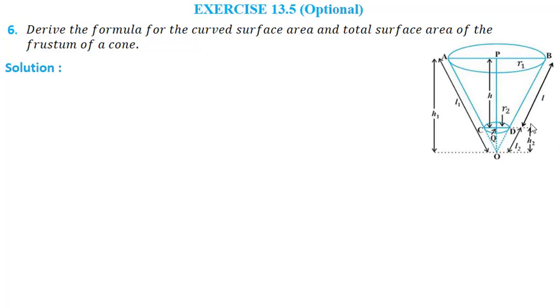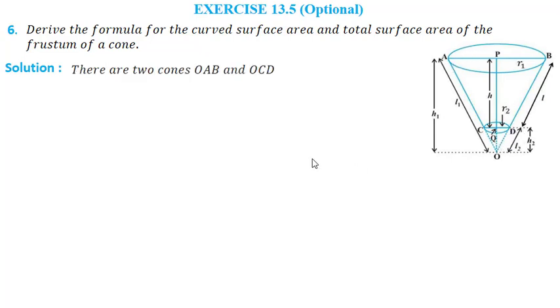Now this diagram is given to you. In this diagram, we can see that there are two conical portions. One is OCD, this is the small conical portion, and the other is OAB, this big conical portion. When we remove this small conical portion, we get this required frustum.